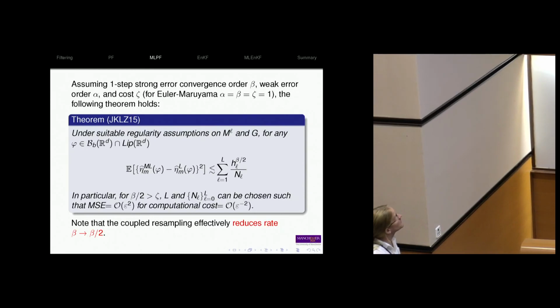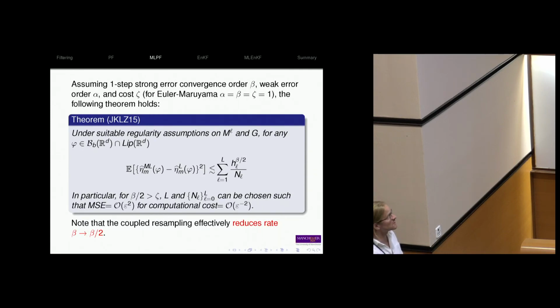So assuming that we have a one-step strong error convergence order beta, weak order alpha and cost theta. So for example, for Euler-Maruyama, alpha is beta, theta is 1. Then we have the following theorem. Under suitable regularity conditions on ML and G, for any suitably regular test function, we have this type of convergence.